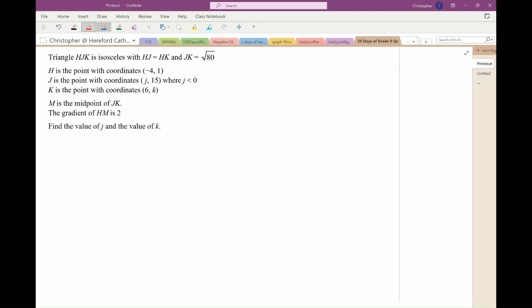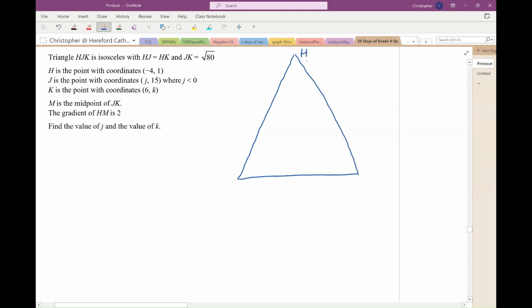Question 36. Right, looks like we're doing some coordinate geometry here. So let's start by drawing a diagram. So we've got an isosceles triangle, and we've got H, J, and K. Now we know that those two sides are equal. We know that JK is the square root of 80, and we know that H has got coordinates (minus 4, 1).